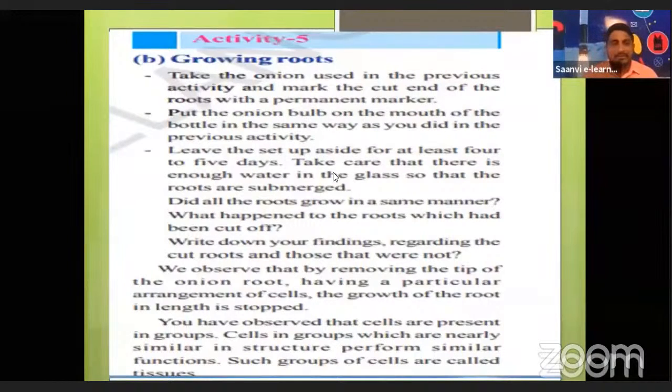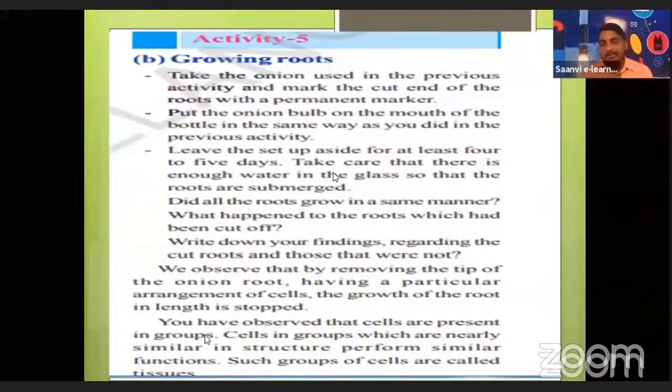We observe that by removing the tip of the onion root, which has a particular arrangement of cells, the growth of the root in length is stopped.